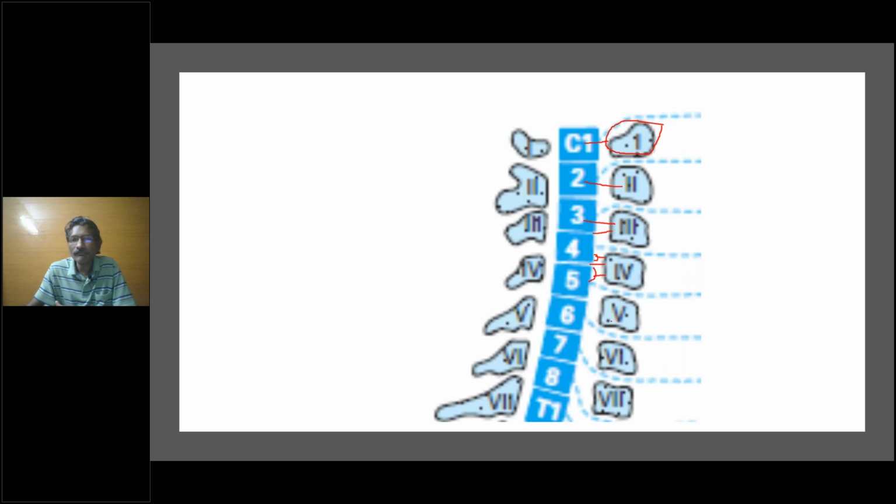And if you look at 5, it is more or less clearly on 6. If you look at 6, it's more or less clearly on 7. If you look at 7, it is on 8 as well as T1. Okay, try to fix this picture in your mind.